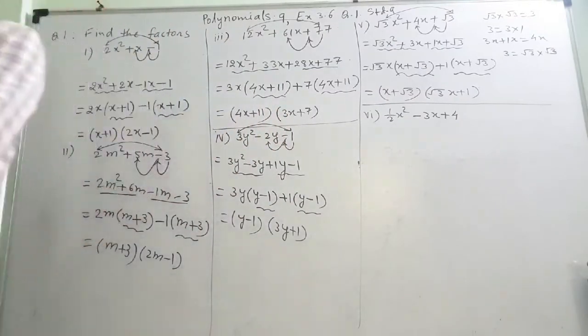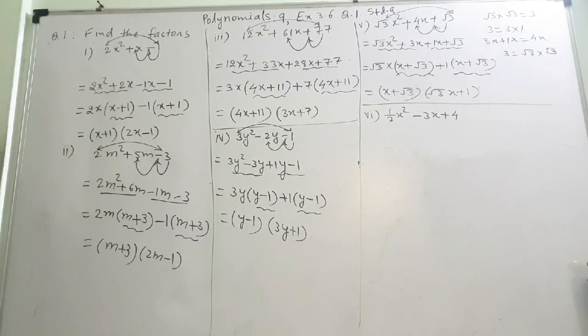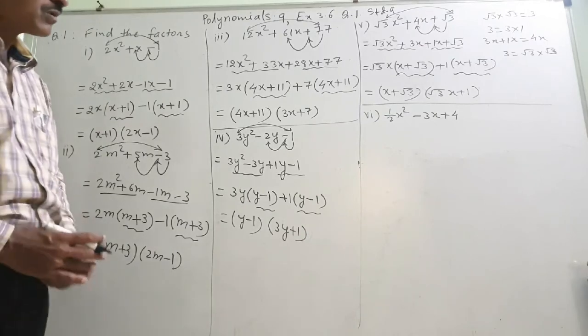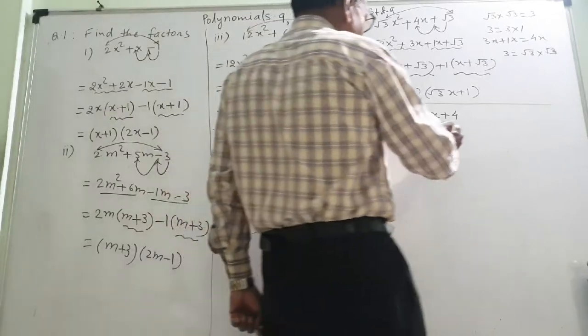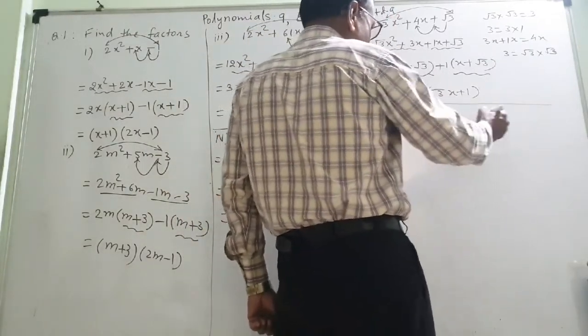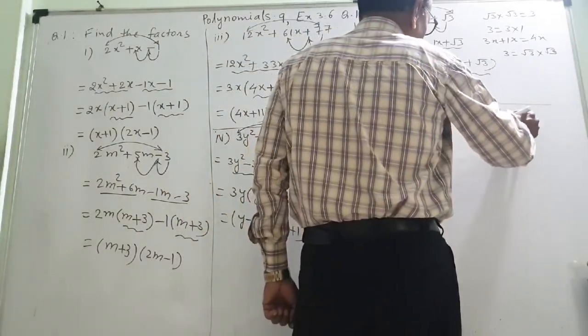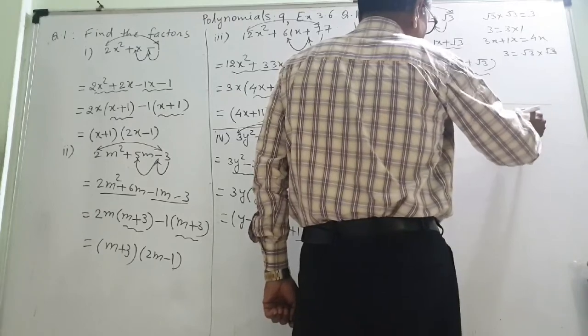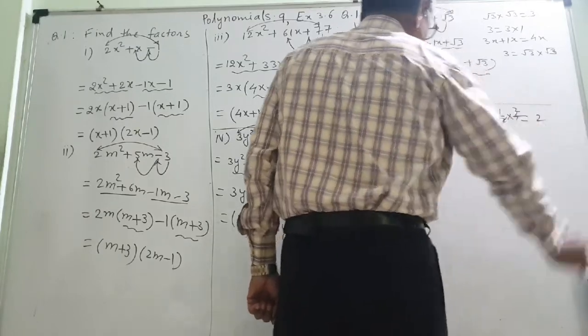So what we can factorize is 4 into 1 upon 2 we have to do. 4 into 1 upon 2 is 2. And then find the factors of 2 such that their addition is, that we can do. See this. 1 upon 2 into 4. 1 upon 2 into 4. That is equal to 2.